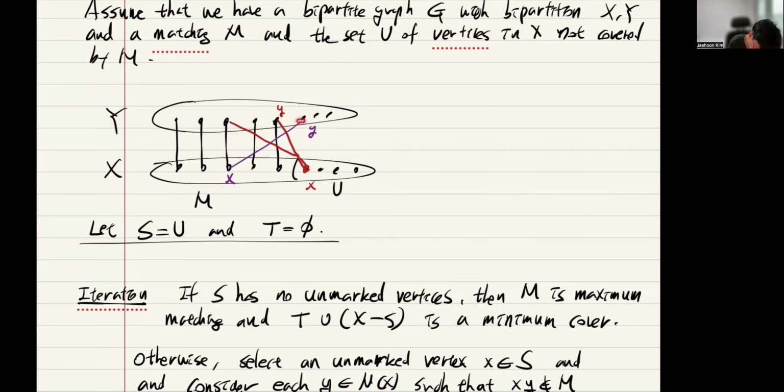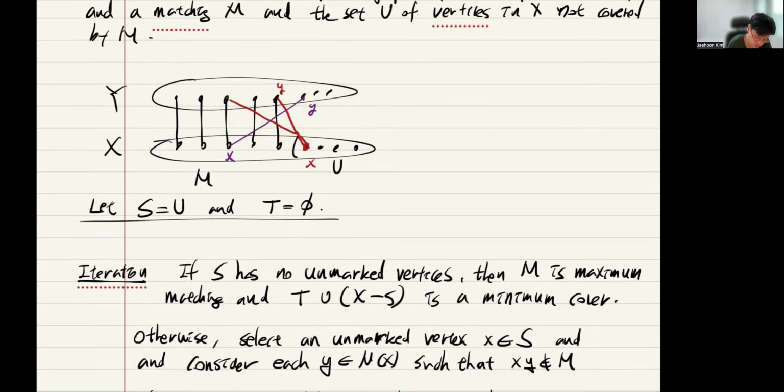Then from Y, you go back to U to obtain an augmenting path. Remember, X being in S means that from U, somehow you take an M alternating path and reach this X. And then from here, your next edge is towards a vertex not covered by M. This M alternating path together with the last edge gives you an M augmenting path.